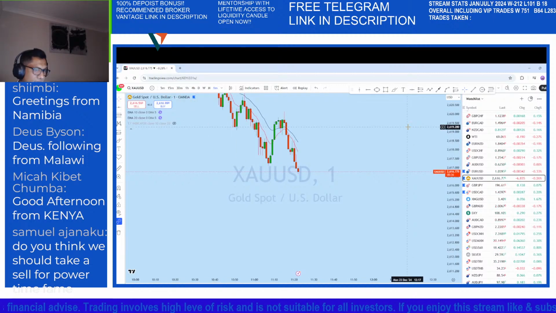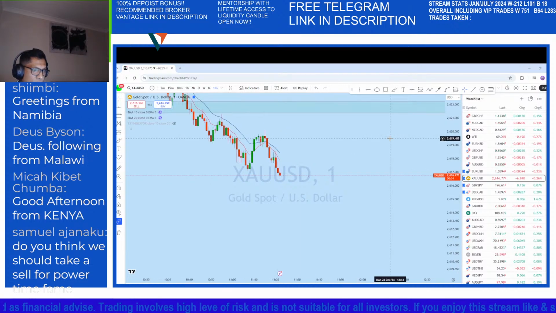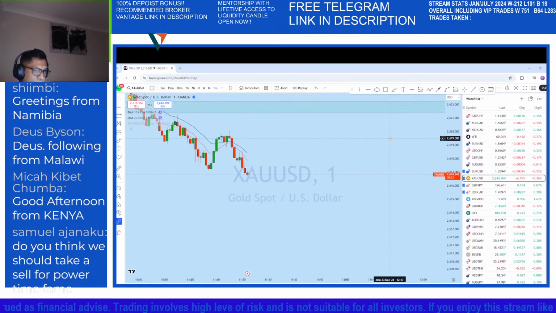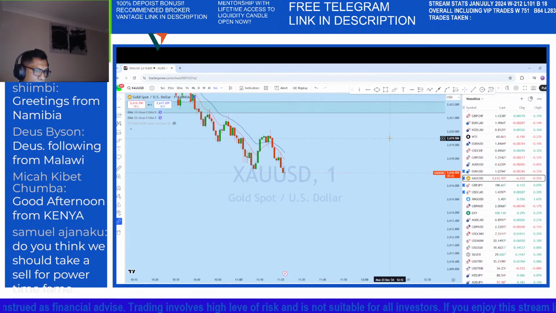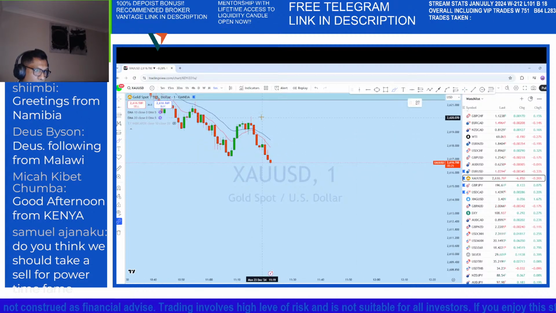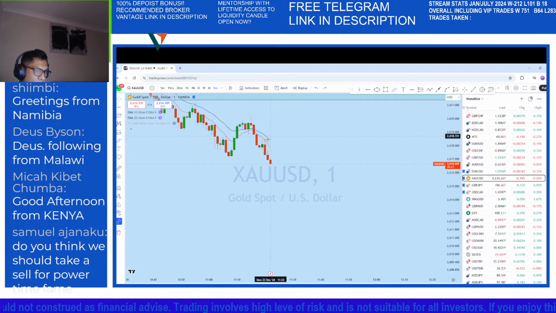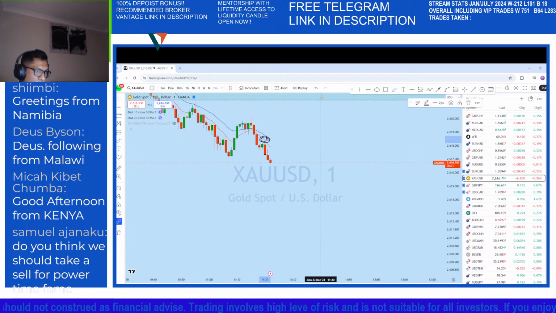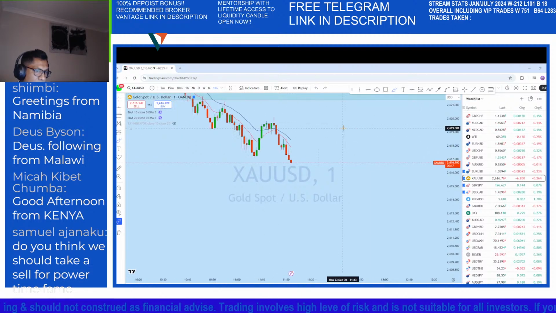With that in mind, let's figure out which way the market might be heading here. We can see there is a narrow doji formation followed by a back to back two important price action confirmation here.